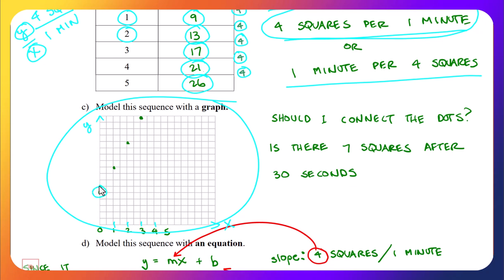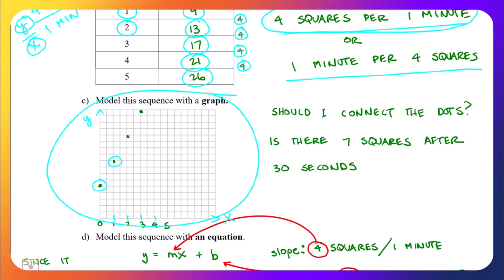After 0 at the beginning, we have 5 boxes. 1 minute, we have 9, 13, 17. If we adjusted the scale, we can get the other 2 numbers in, but I don't think that's important.